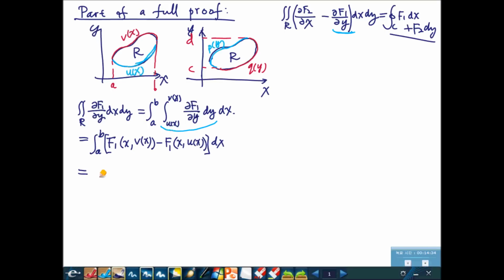So you can write this from b to a, to make it minus, a to b f1 of x comma y of x dx. I'm sorry, this is dx there. All right? And to calculate it.